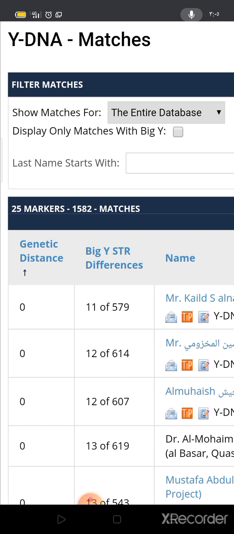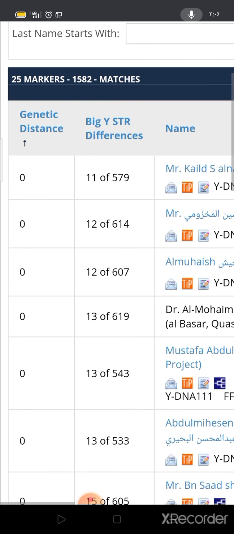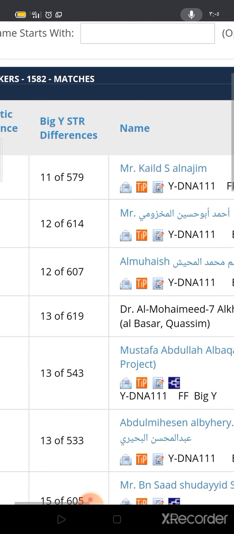So here we have 1,582 matches on the 25 markers, and we share the whole 25. All of them have been shared on this level between some people here.